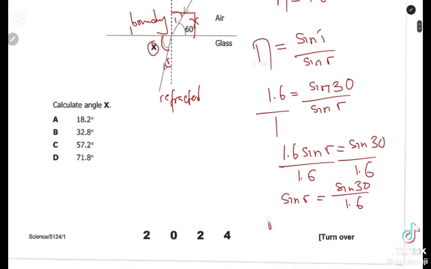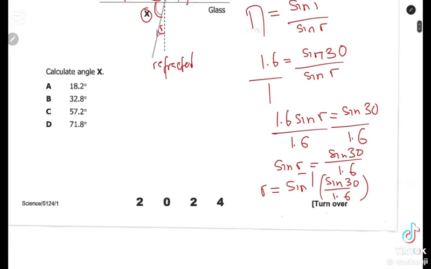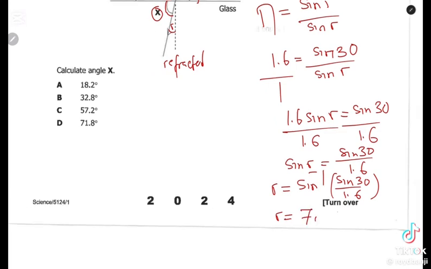So the angle of refraction is equal to sine inverse, you punch shift, of whatever you find when you divide sine 30 by 1.6. If you punch it on the calculator, it gives the angle of refraction to be 71.8 degrees.